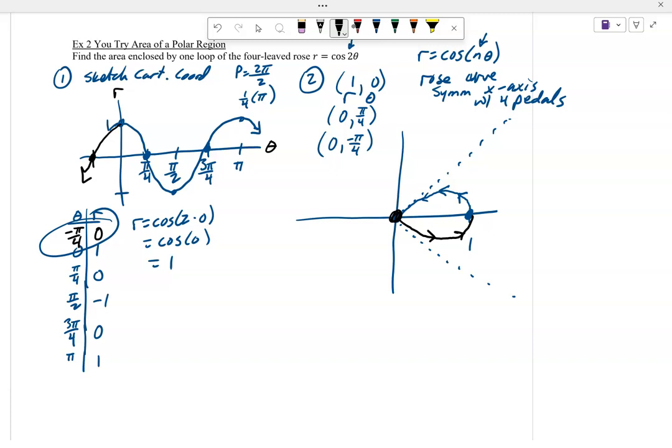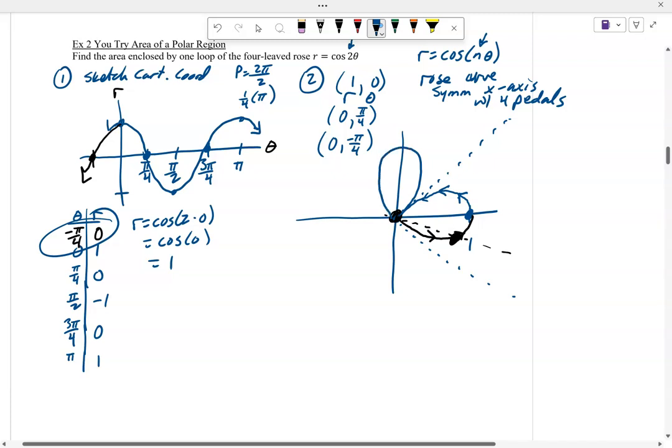If I had negative pi over 8, my r is out that distance. I don't know, whatever that is, but it's on that rose curve, right? And I could keep going with this, but you're just going to see this thing with all 4 petals.